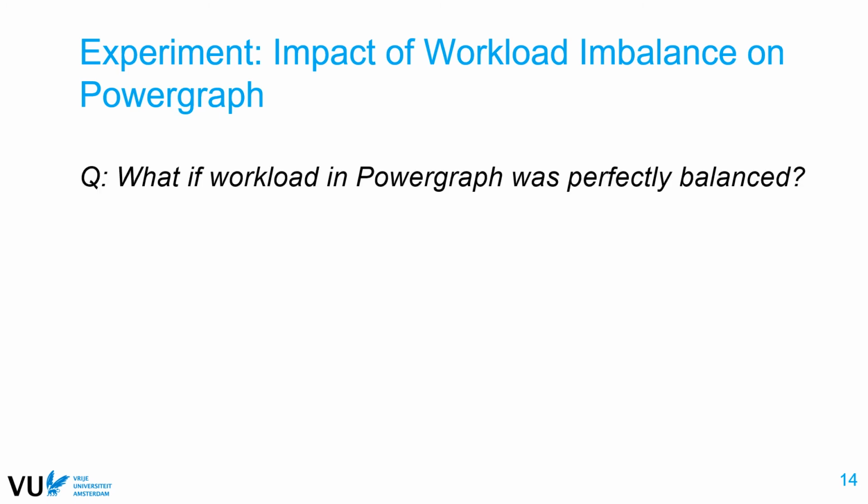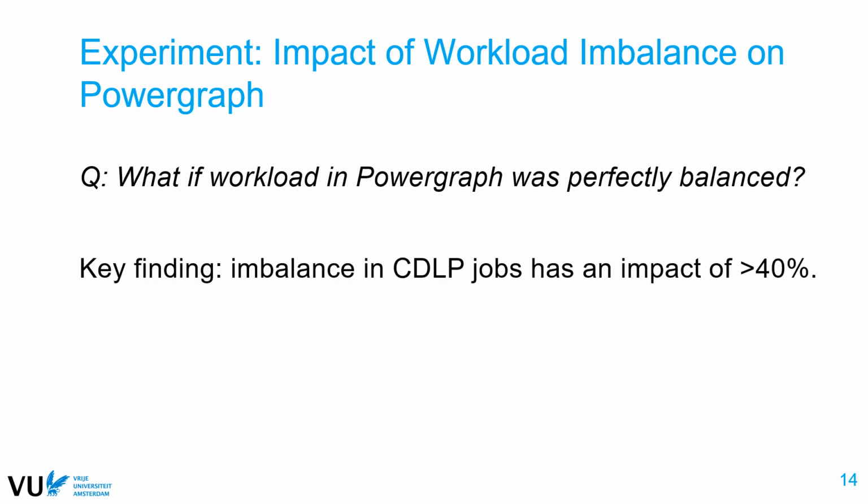We used Grade10 to identify performance issues arising from workload imbalance by asking the question, what if the workload of compute threads in Powergraph was perfectly balanced? In other words, what if all compute threads took the same amount of time to complete while still performing the same total amount of work?